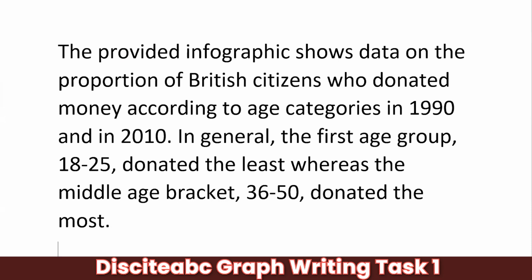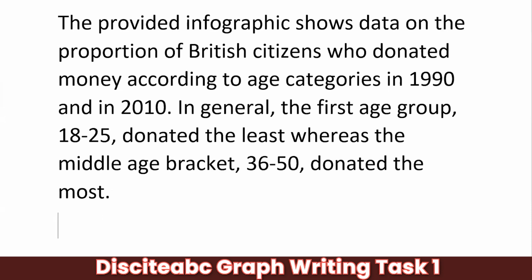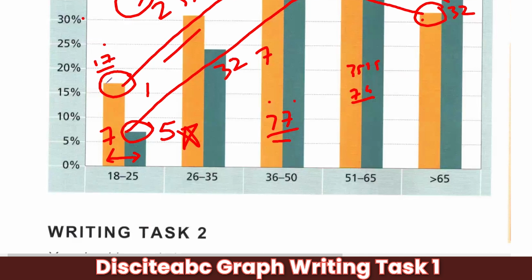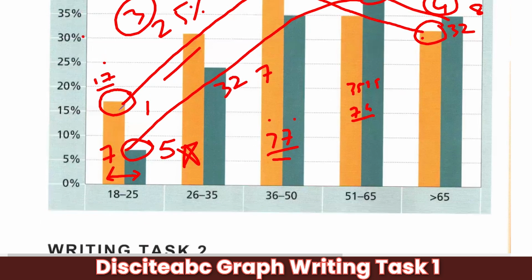Now we move on to the body paragraphs. In 1990, have a look at this now. In 1990, the youngest age group, 18 to 25, donated 17%.